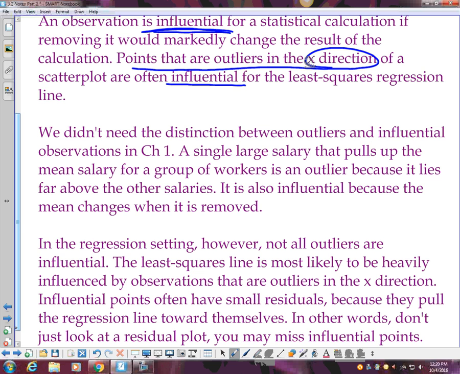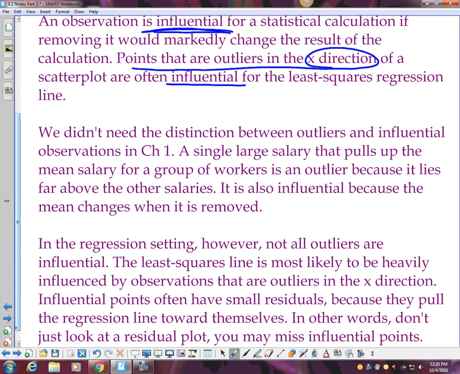A single large salary that pulls up the mean salary for a group of workers is an outlier because it lies far above the other salaries. It's also influential because the mean changes when you add in that CEO's salary. Not only is it going to be an outlier because it's far away from all the others, but it's going to drastically affect the overall average because the mean is not resistant. It is influenced by outliers.